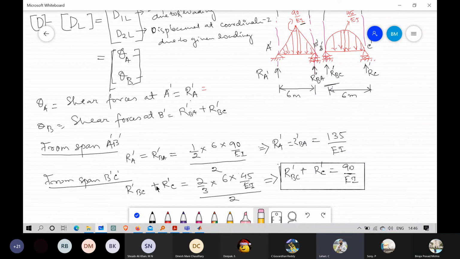These two values will be equal. So this will be 135 by EI, and this will be again 135 by EI plus 90 by EI.